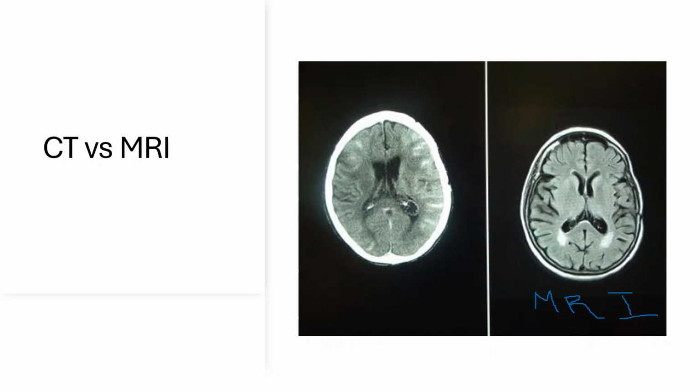So CAT scan, a way to remember this is like crash tests. It's quick and good for acute bleeding and accidents and stroke victims, whereas an MRI gives you more resolution. So it gives you better detail for diagnosing and things like that.